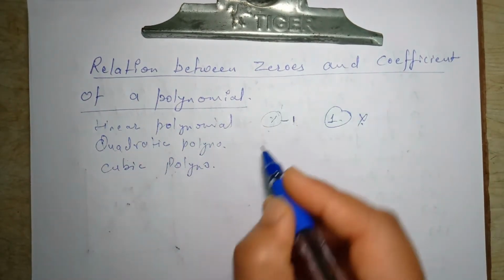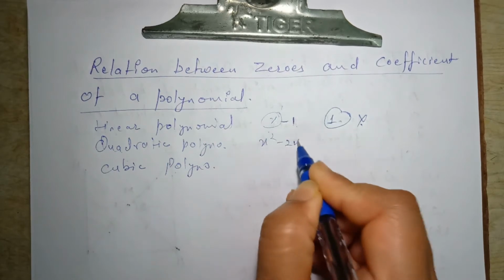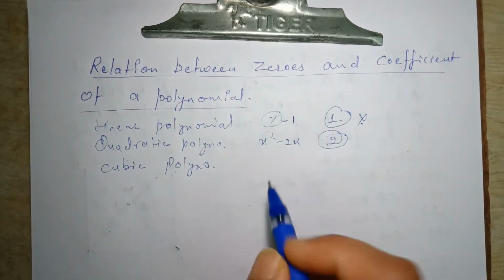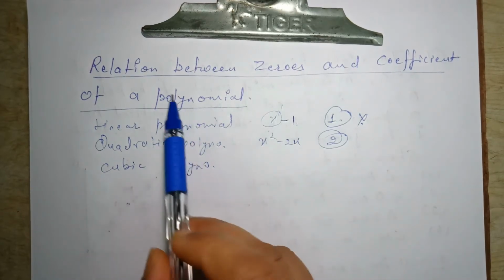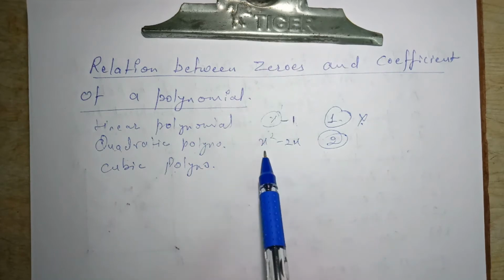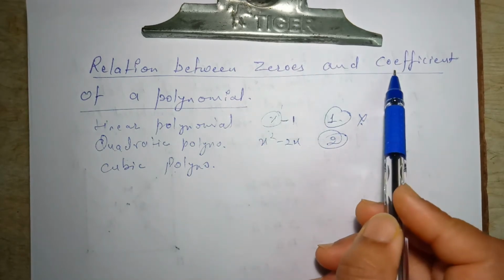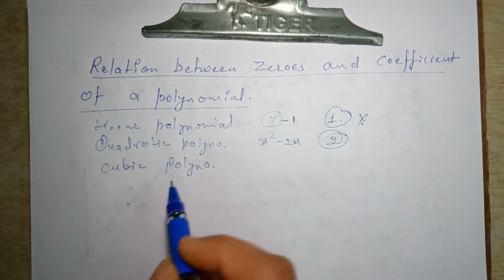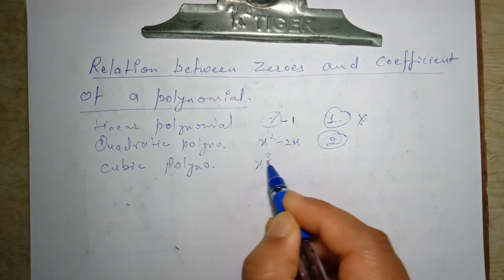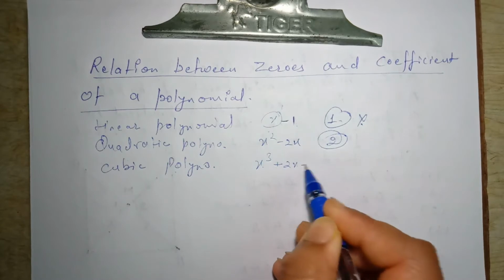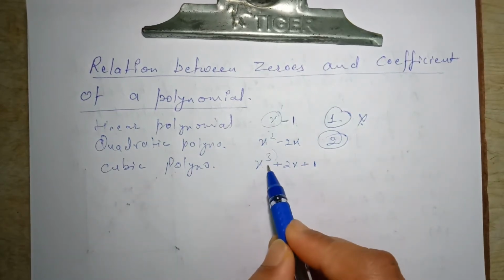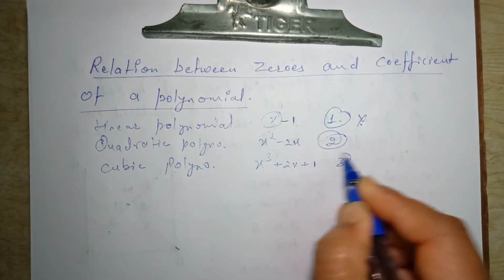For a quadratic polynomial, we have degree 2, so how many zeros? 2 zeros are there. So we can find a relation between zeros and coefficients. For a cubic polynomial, since the degree is 3, 3 zeros are there.